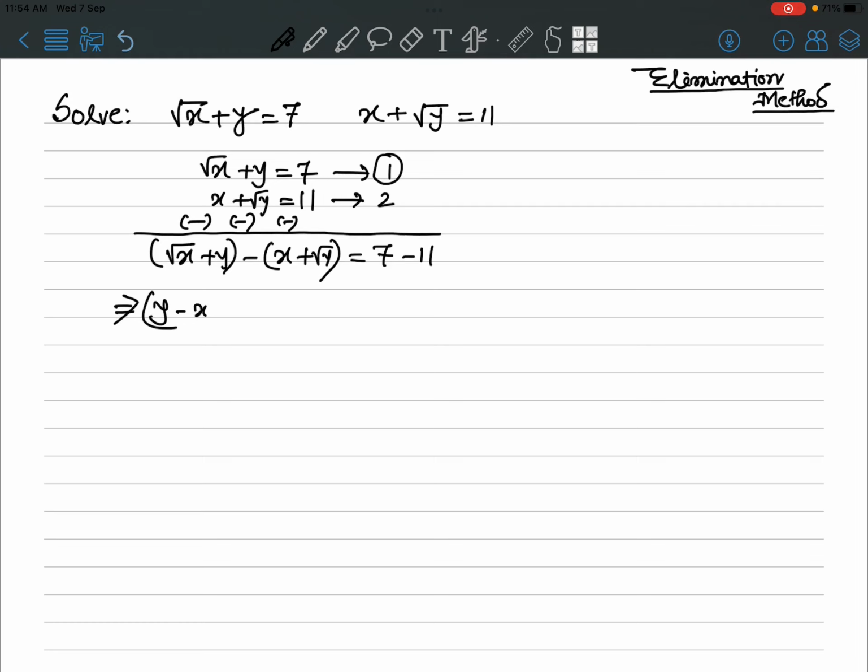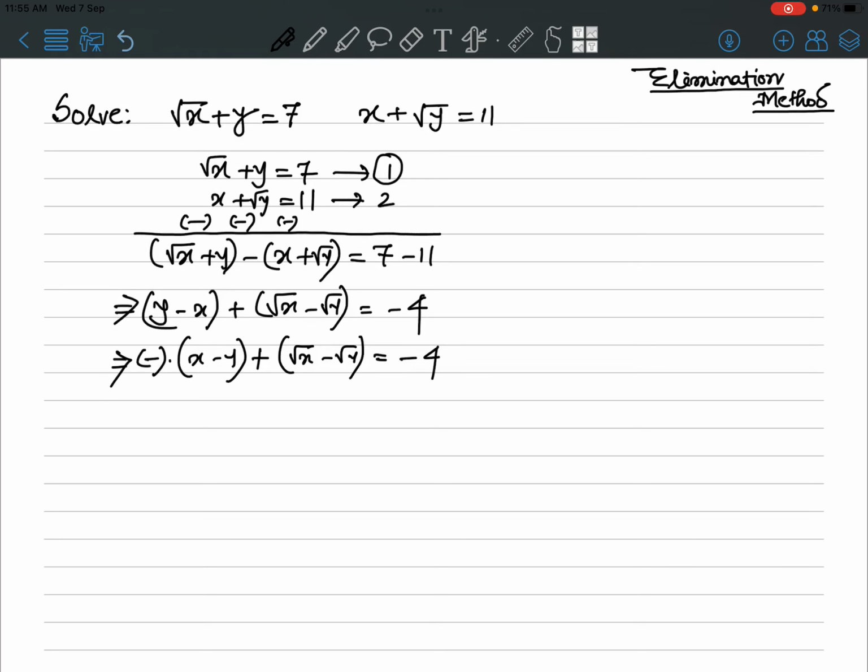We can write it as y minus x plus root over x minus root over y equals minus 4. Now from the first factor, we can take the minus out of it. What will we get? We will get minus into x minus y within parentheses, plus root over x minus root over y equals minus 4.